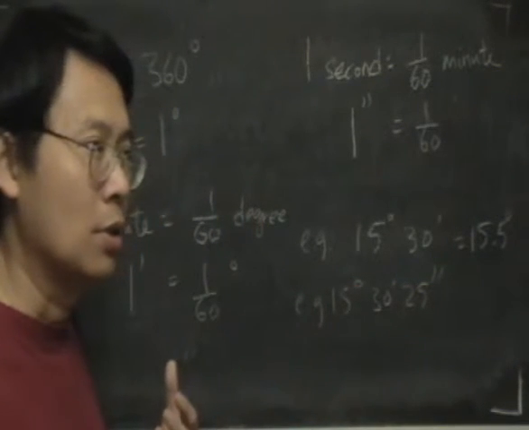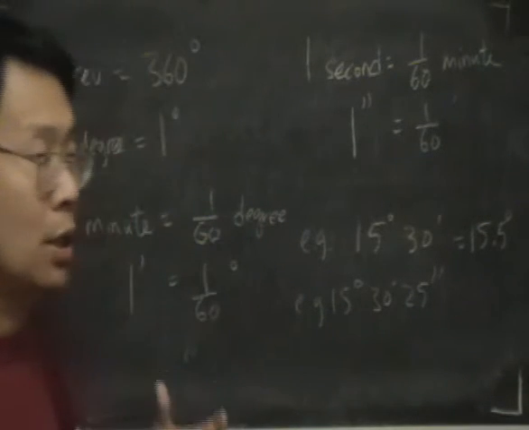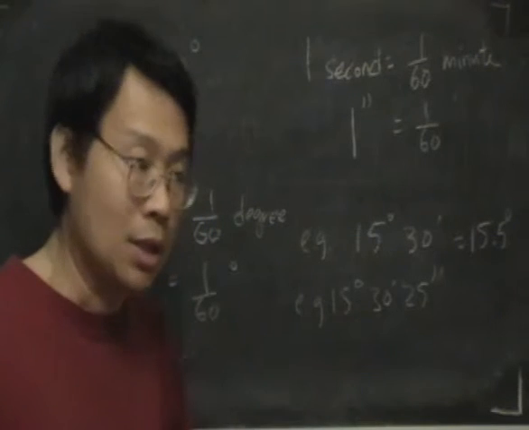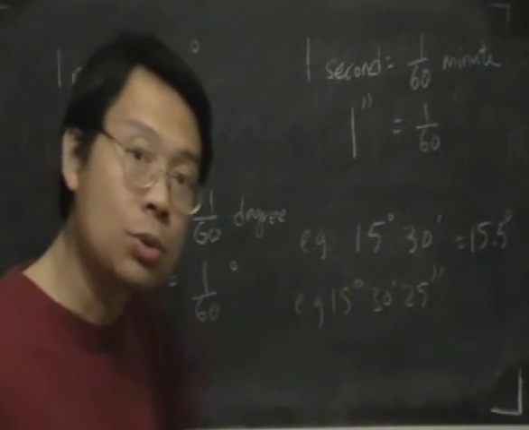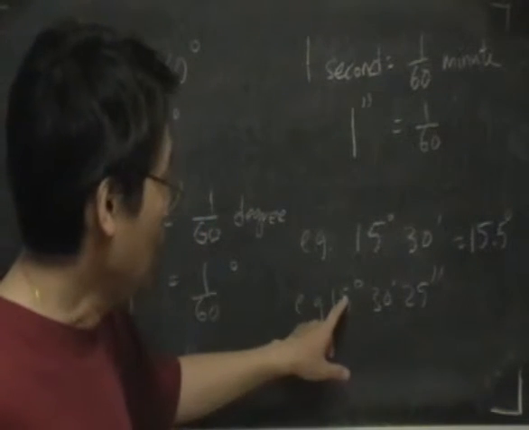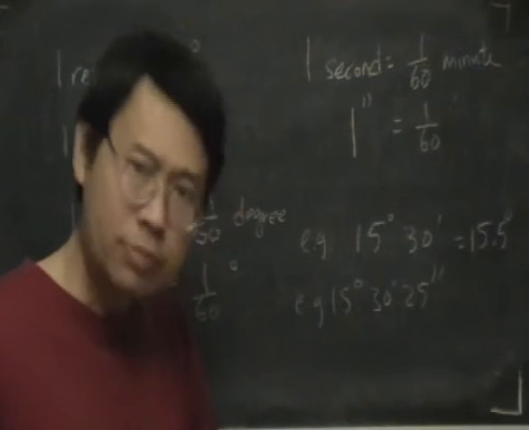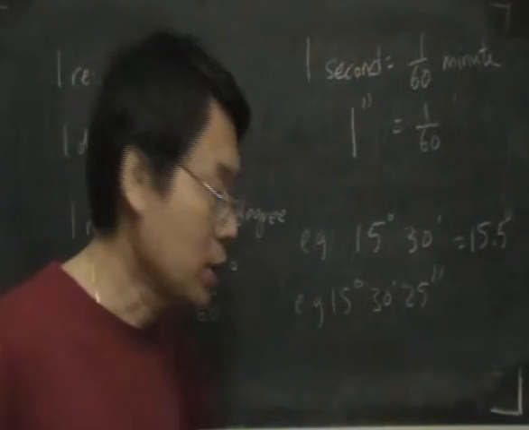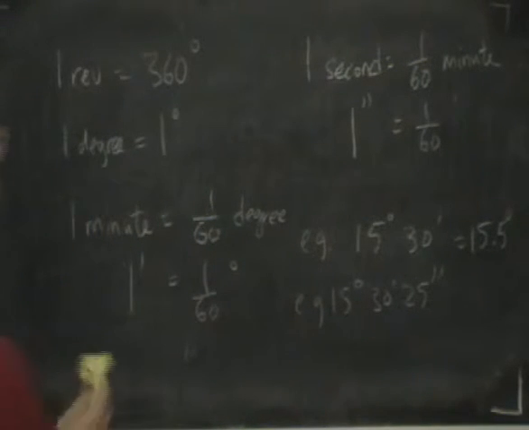So we would feel that we understand this meaning better if we can somehow convert this to decimals. So how would we do it if we have this 15 degrees, 30 minutes, 25 seconds? What is it in decimals? Or how do we convert it? So let's try converting that.